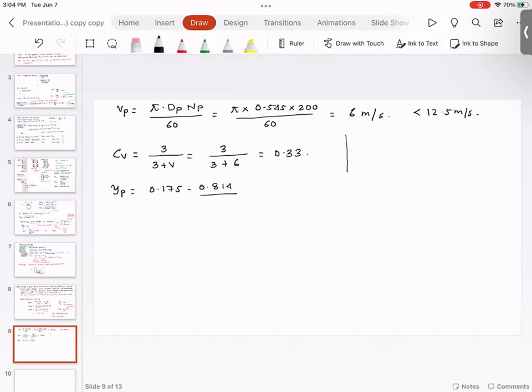Now please note minimum number of teeth to avoid interference is equal to 18.